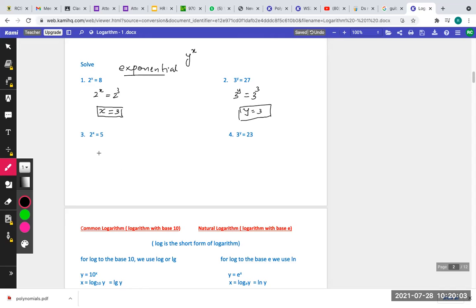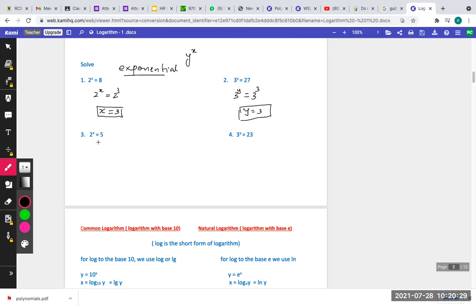Well, now, how do we deal with question number 3 and 4? Look at that, guys. 2 to the power x equal to 5. Meaning there should definitely be a value of x for which 2 to the power of that value is equal to 5, but that x will not be a whole number, unlike the first 2 questions.